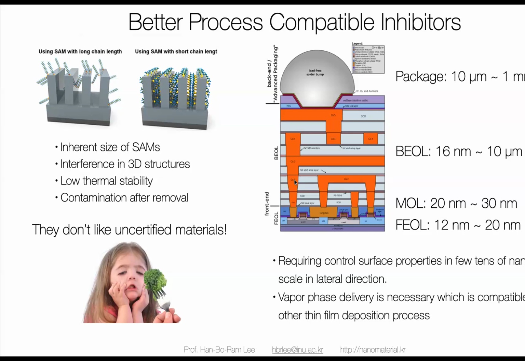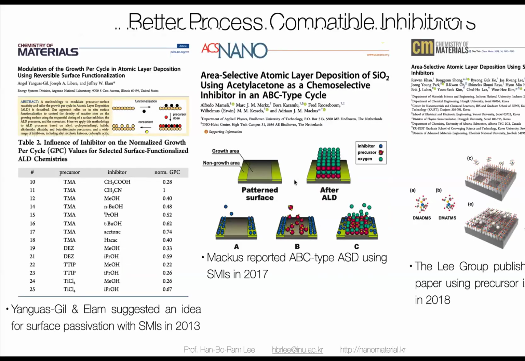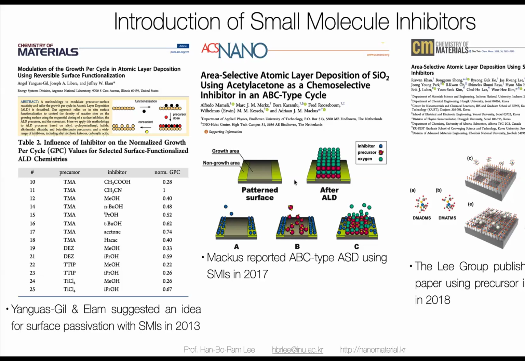They cannot use it. Because of that, from the first research by Jeff and Angel from Argonne National Laboratory in 2013, they suggested a small molecule inhibitor. At that time, they were not trying to have selective deposition, but they were trying to control their GPC by blocking their adsorption sites.